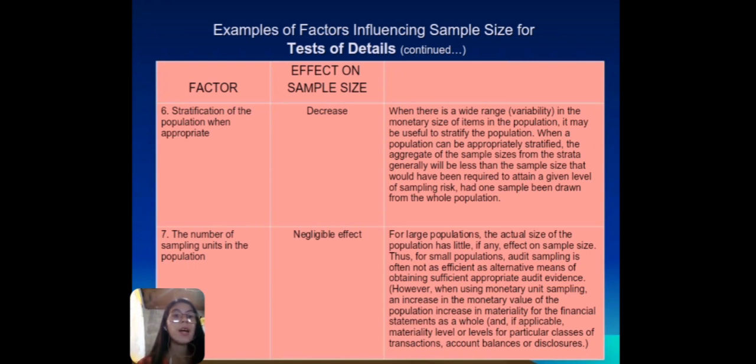However, when using monetary unit sampling, an increase in the monetary value of the population increases the sample size unless it is offset by a proportional increase in materiality for the financial statements as a whole. It is also applicable to materiality level or levels for particular classes of transactions, account balances or disclosures.